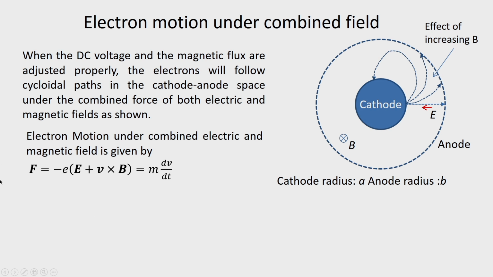Now, the motion under combined electric and magnetic field is given by F equals the sum of the two forces, so minus e (E plus v cross B), and this can now be written as m dv/dt.